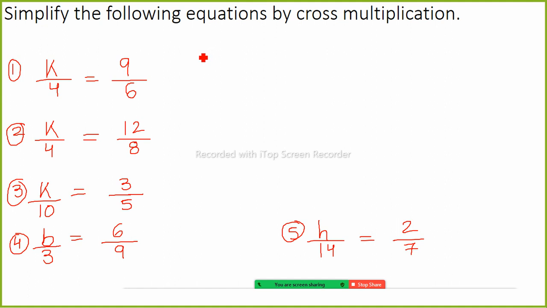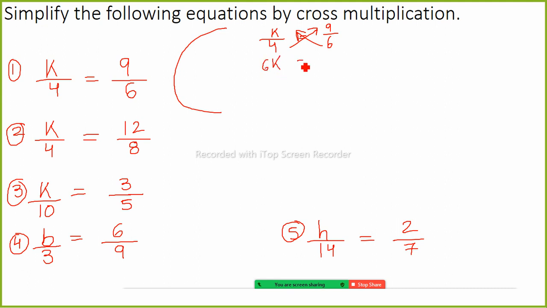All right. So let's review what we did here for this one. So this is k over 4 equals 9 over 6. And like we said, we cross multiply. 6 times k is 6k.